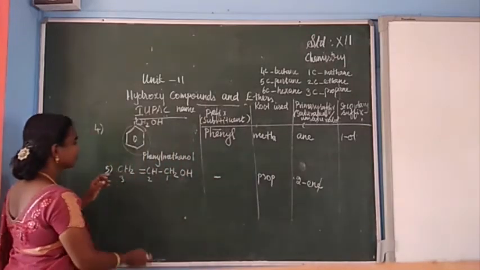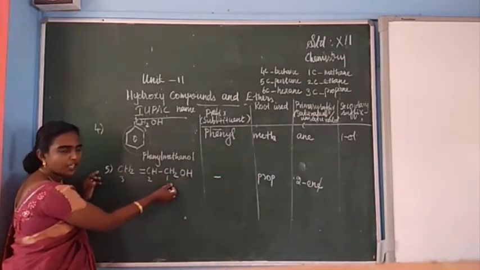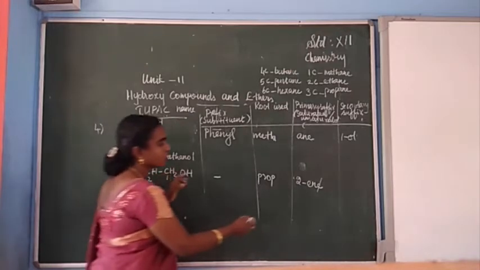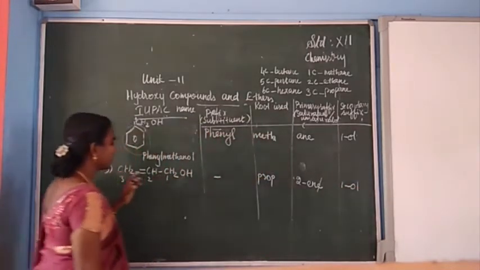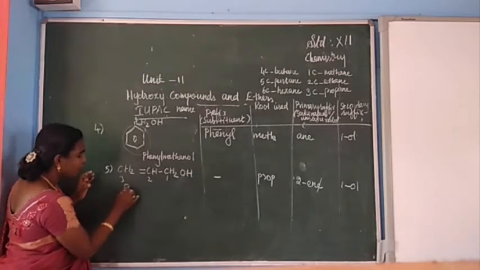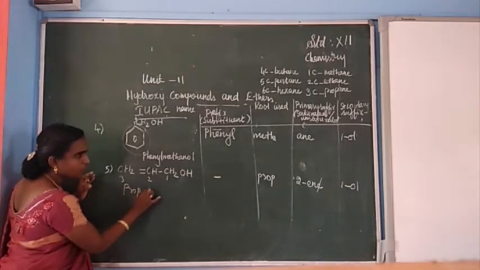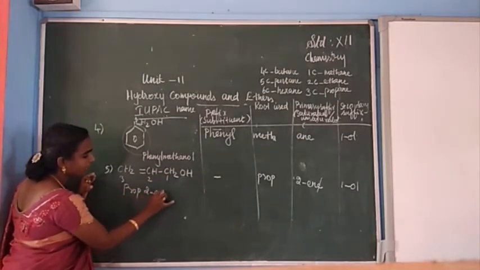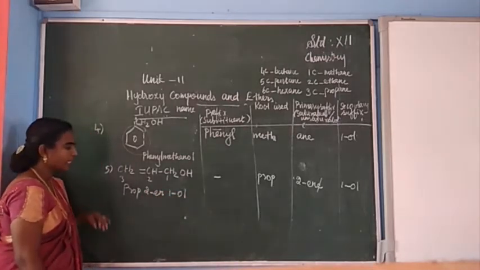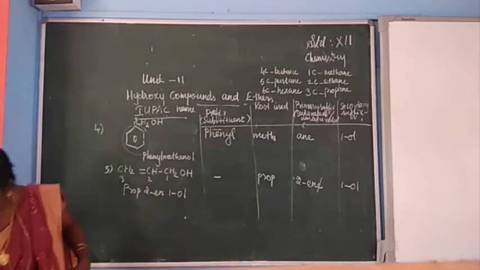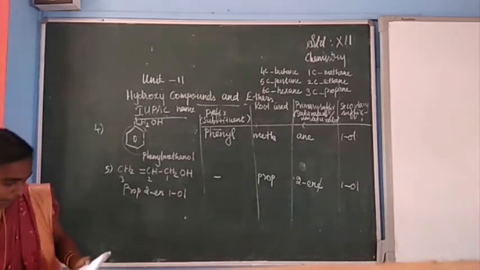Next, we have the functional group in first position, so it is 1-ol. Together we can write prop-2-en-1-ol. Is it clear? So next we can see the evaluate yourself questions.